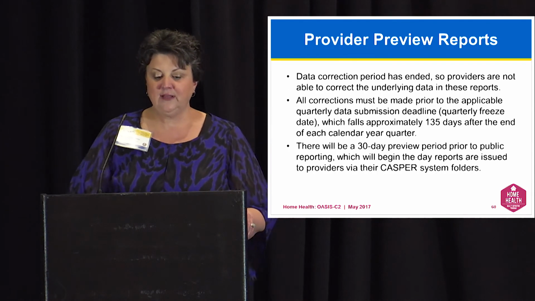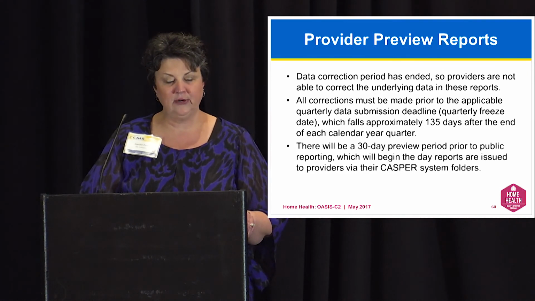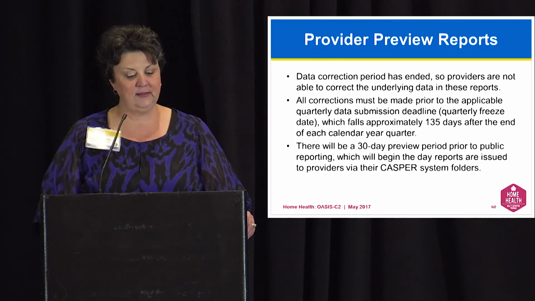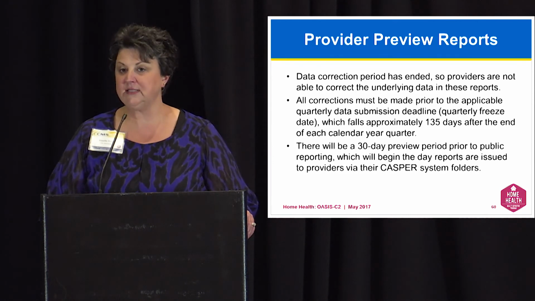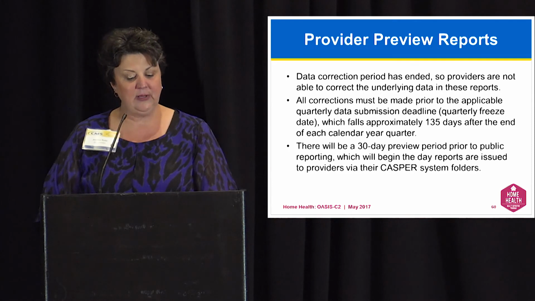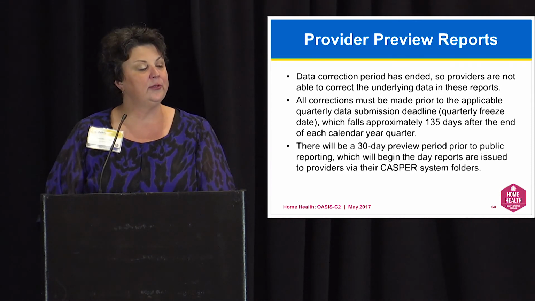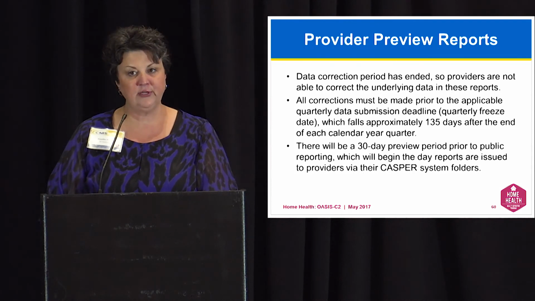I mentioned that these are generated after the data correction period. As such, the data in these reports can't be corrected once these reports are actually made available. Rather, corrections need to be made prior to the quarterly freeze date, and that happens about 135 days after each quarter.